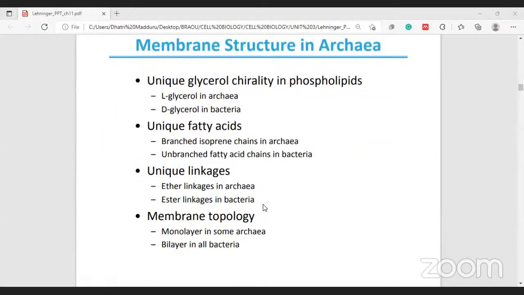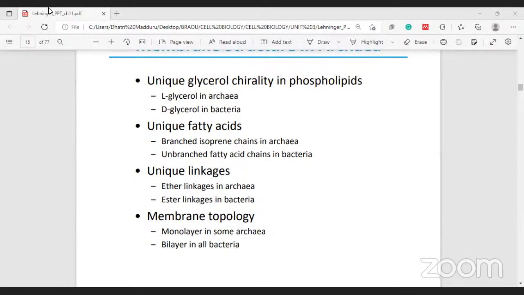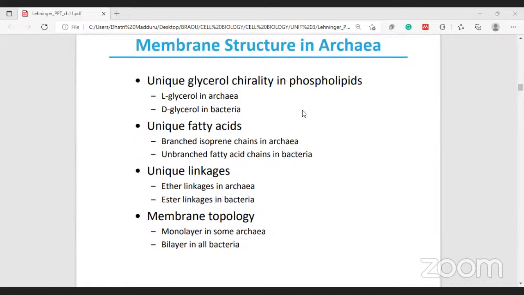When we look at archaea, L-glycerol is present, whereas D-glycerol is present in bacteria. So you have differences between archaea and bacteria also. And there are some unique fatty acids which are present. They are branched isoprene chains in archaea, whereas unbranched fatty acid chains in bacteria.